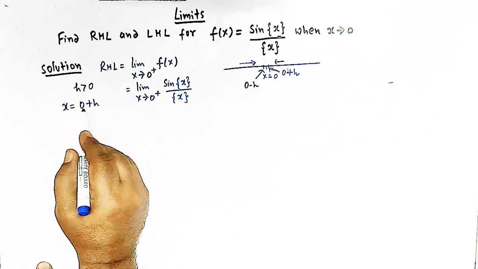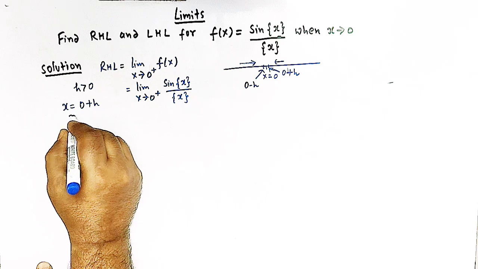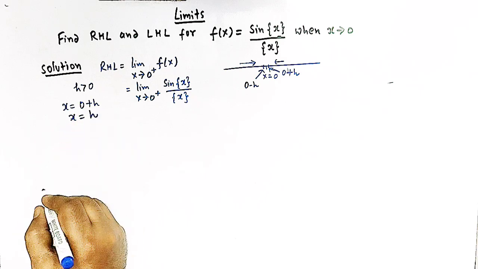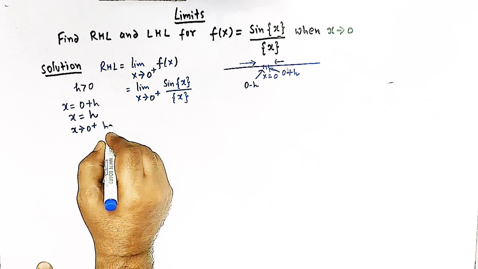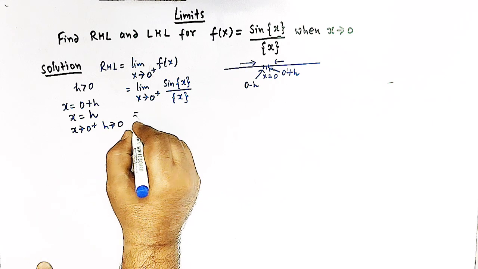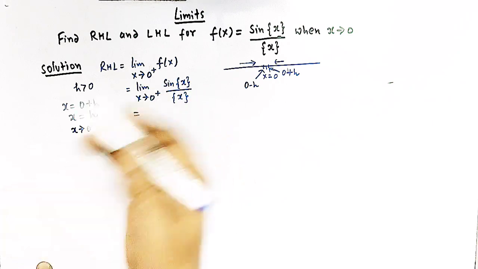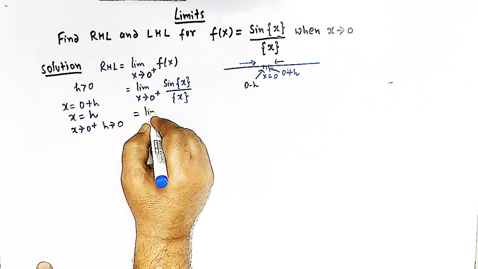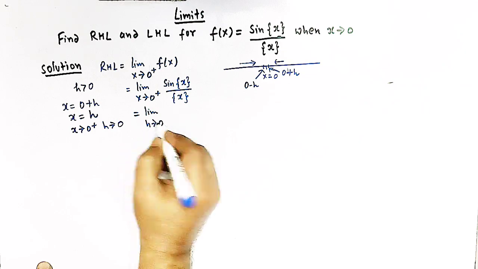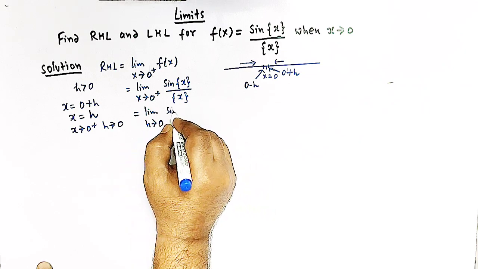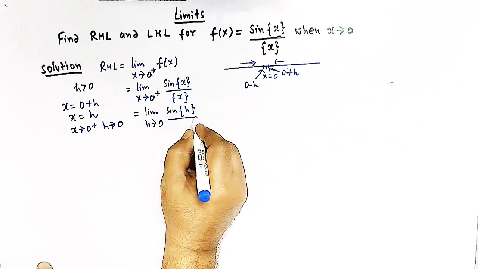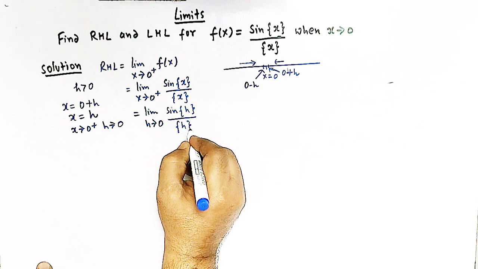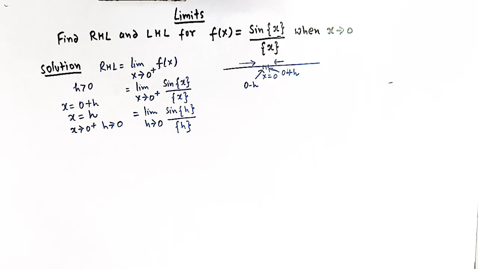So when we take x = 0 + h, then x = h, and when x tends to 0, h also tends to 0. Now we can write this limit in terms of h. We have limit h tends to 0 of sine of fractional part of h divided by fractional part of h.